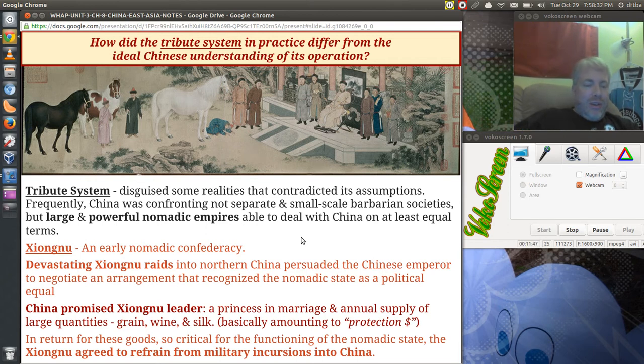And what are they getting in return? I mean, incredible amounts of silk, grain and wine that they would need because they don't produce that potentially. And in return for all these goods, it was so critical for the functioning of the nomadic state, they needed these things. The Xiongnu agreed to refrain from political military incursions into China. They weren't going to invade.